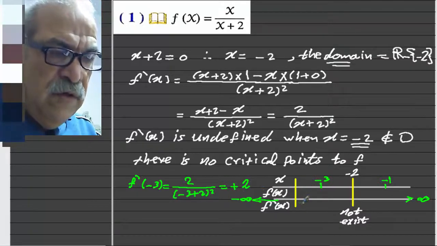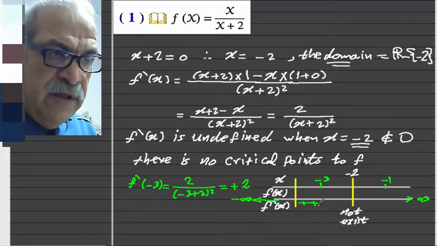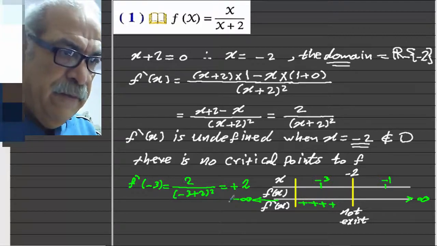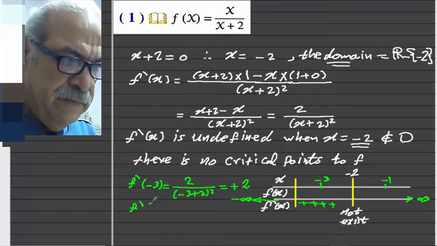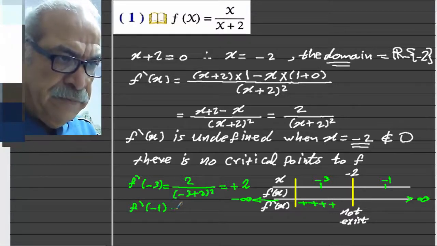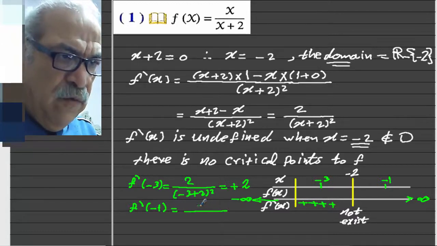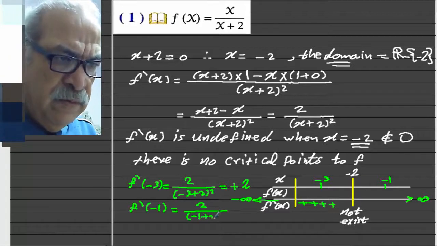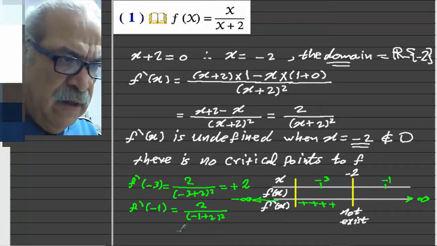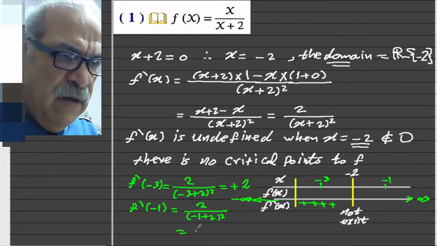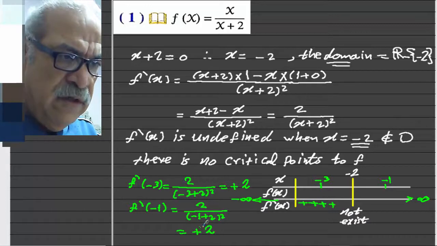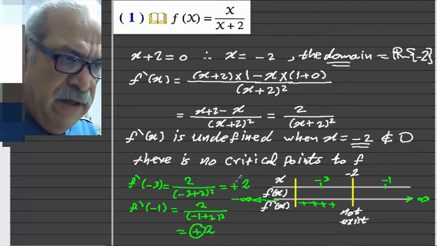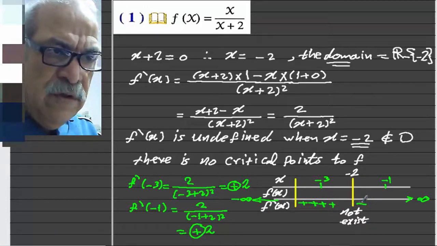Okay, so you can put positive signs here, and f dash of -1 equals 2 over -1 plus 2 all square. It is equal also positive 2, and you must consider the sign here and here, so it is also positive.